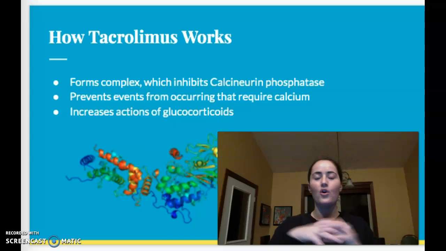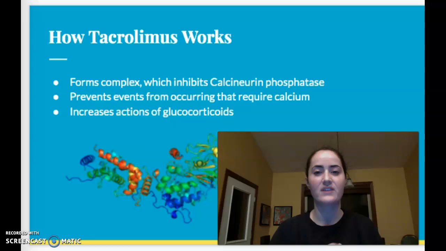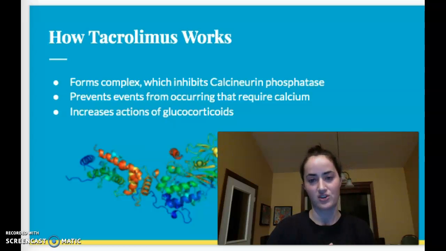Tacrolimus also inhibits any type of event or pathway that's calcium dependent. In turn, it would also inhibit apoptosis, cell degranulation, and nitric oxide synthase activation.